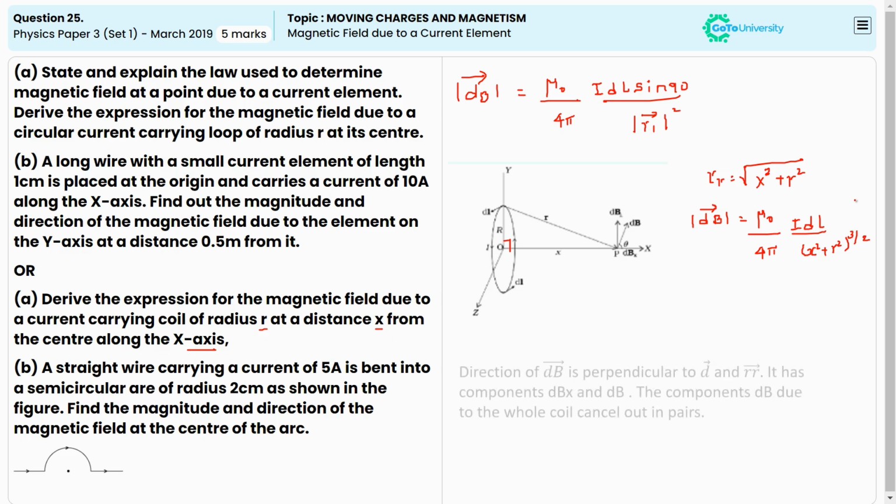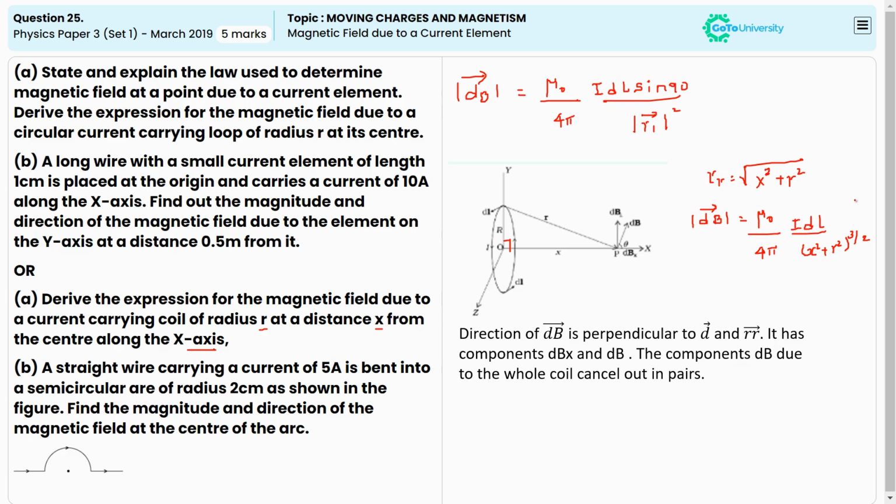Okay. Then the direction of dB is perpendicular to the vector dl and vector r. It has components dBx and dB perpendicular. The components dB perpendicular due to the whole coil cancel out in pairs. Then the net field B is equal to integration over dBx, which is integration of dB cos theta.